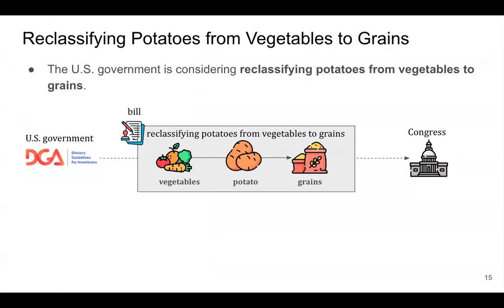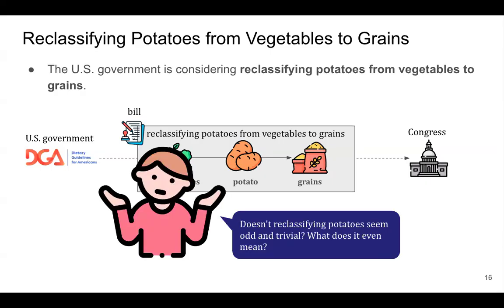Let's talk about the legislative process and how lobbying has a role there. Let's, for example, talk about a bill about reclassifying potatoes from vegetable to grain. Somebody proposes the bill because, from the perspective of providing healthy food for students in school, whether you classify potatoes as vegetables versus grain could have a pretty large effect on school kids' health.